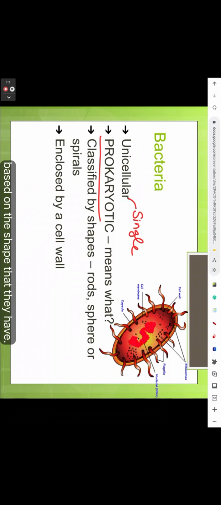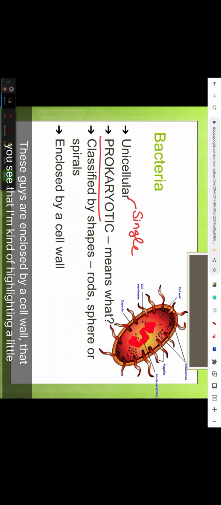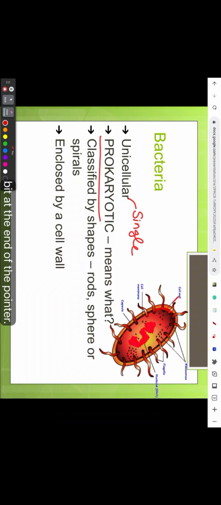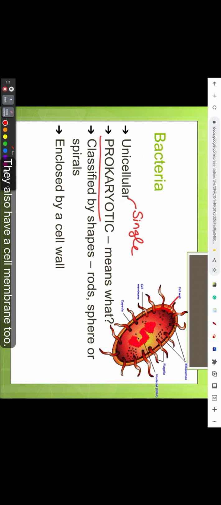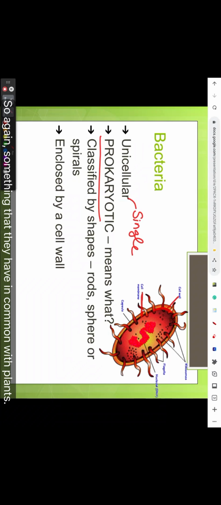These guys are enclosed by a cell wall, which I'm highlighting at the end of the pointer, and that is something they have in common with plants. So keep that in mind. They also have a cell membrane too, again something they have in common with plants.